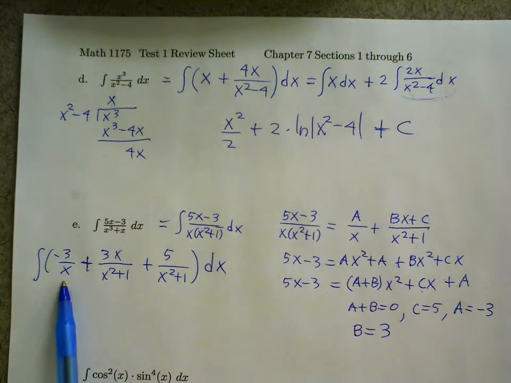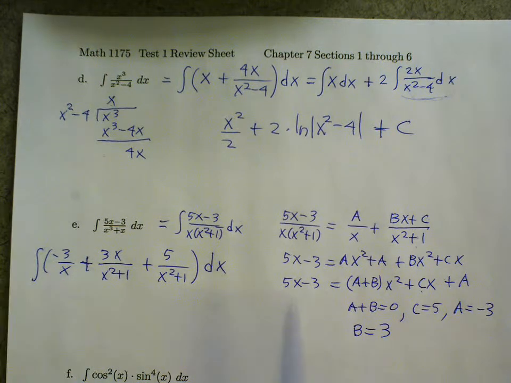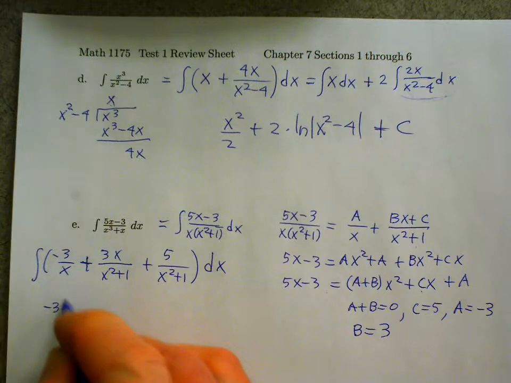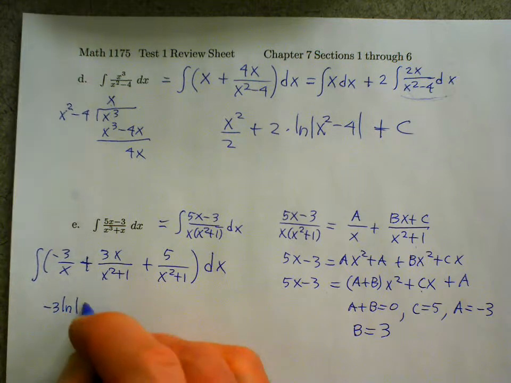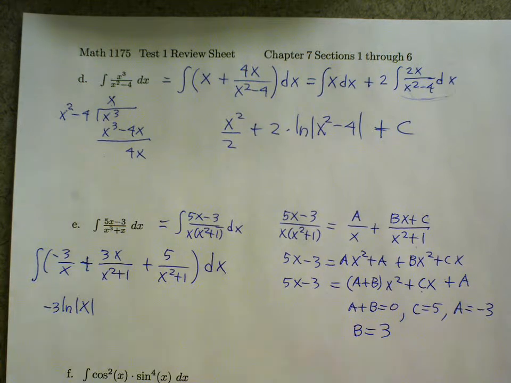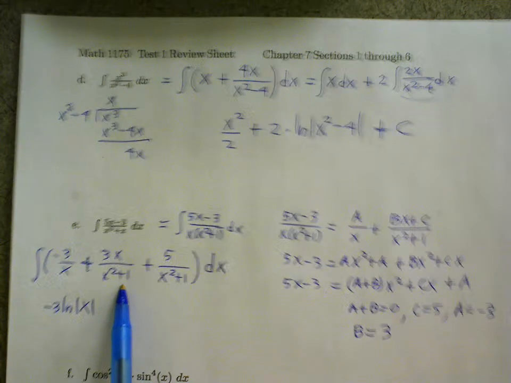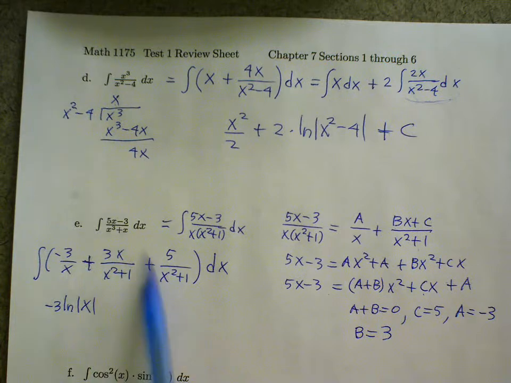Okay, so the antiderivative of negative 3 over x is negative 3 times the natural log of the absolute value of x. And then we can use the substitution rule on this one.